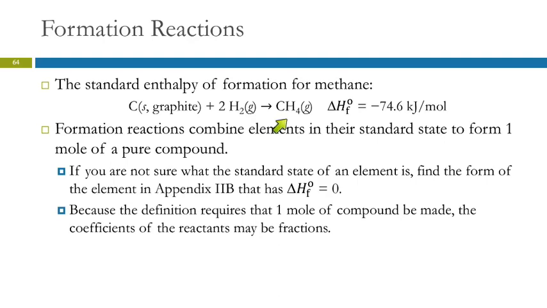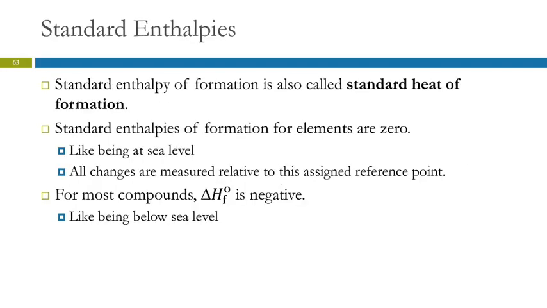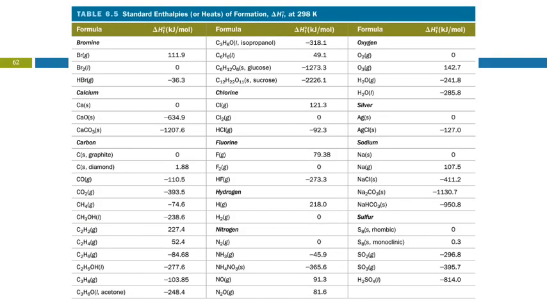So methane contains carbon and hydrogen. So the reactants are going to be carbon and hydrogen. Now, we have to be careful to pick the ones that are the standard states. So go back to that table. And we're looking at hydrogen. There's H, the atom, and H2, the molecule.